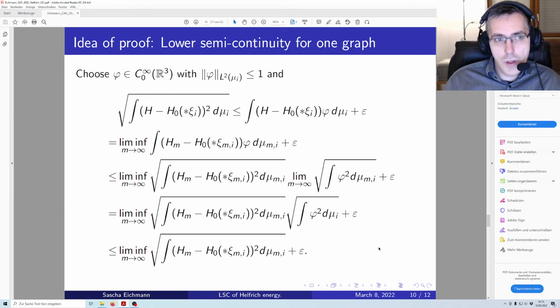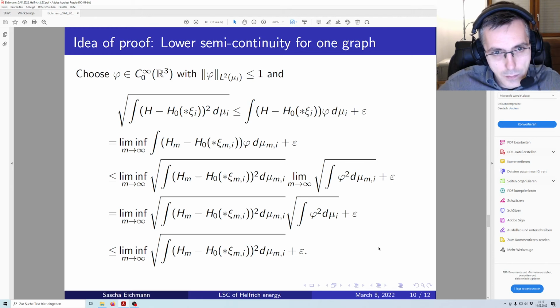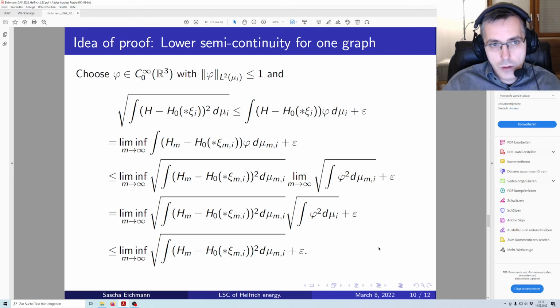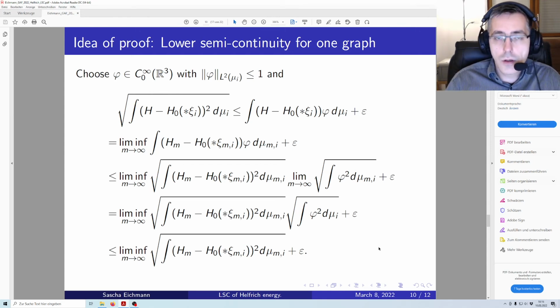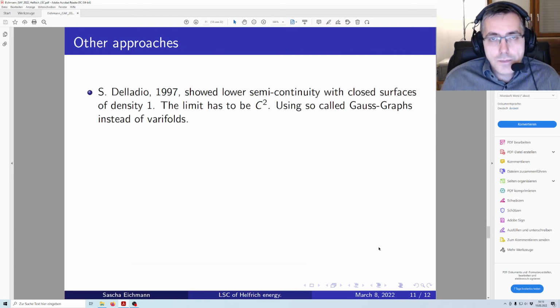So what we've now established is lower semi-continuity for one such graph. And now you have to just build everything back together. You take the union over all of these graphs, and then you basically get your lower semi-continuity result, which I've mentioned in the beginning. Okay.